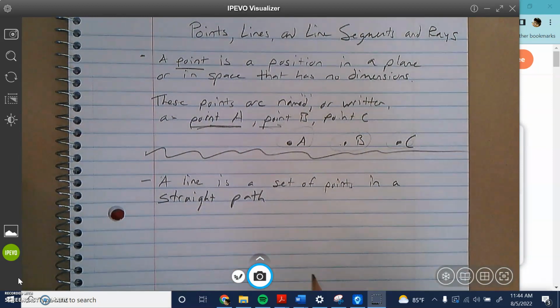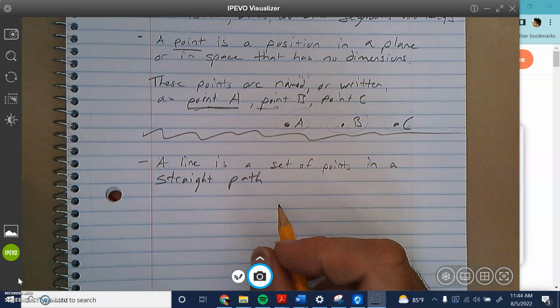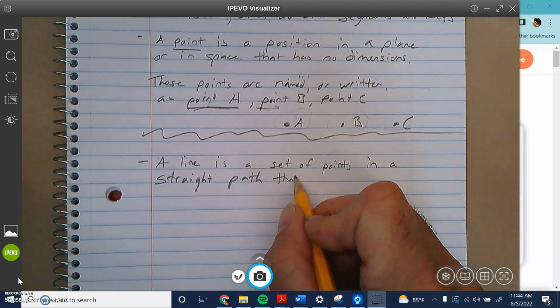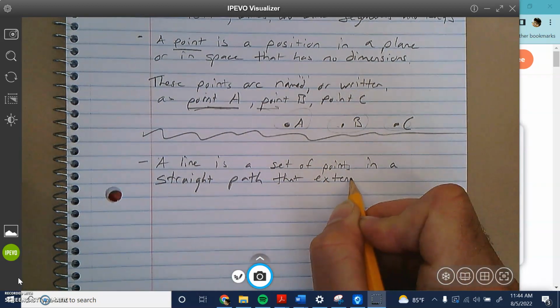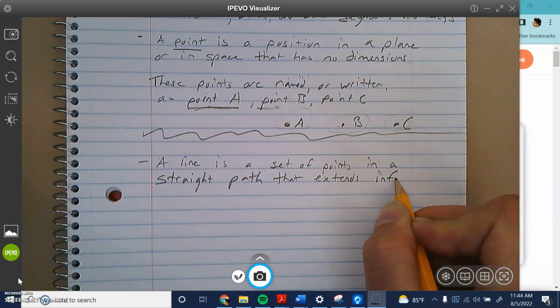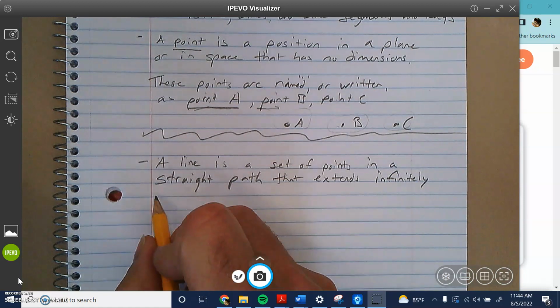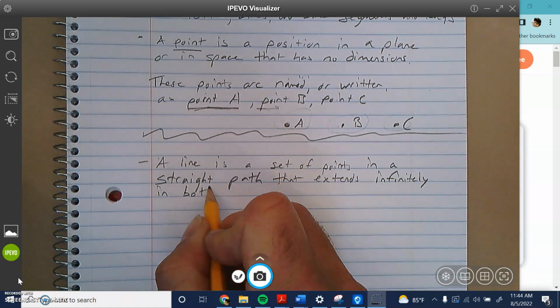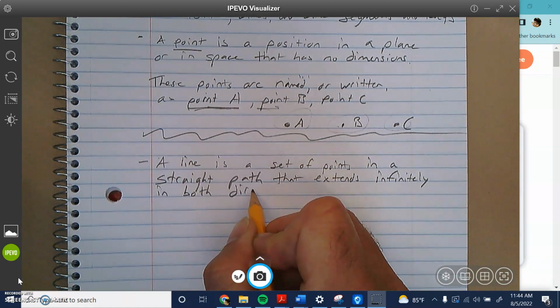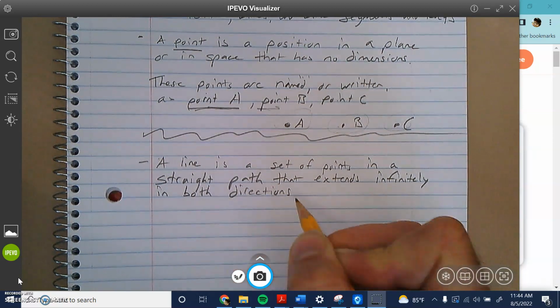Write down what I write down. That extends infinitely in both directions.